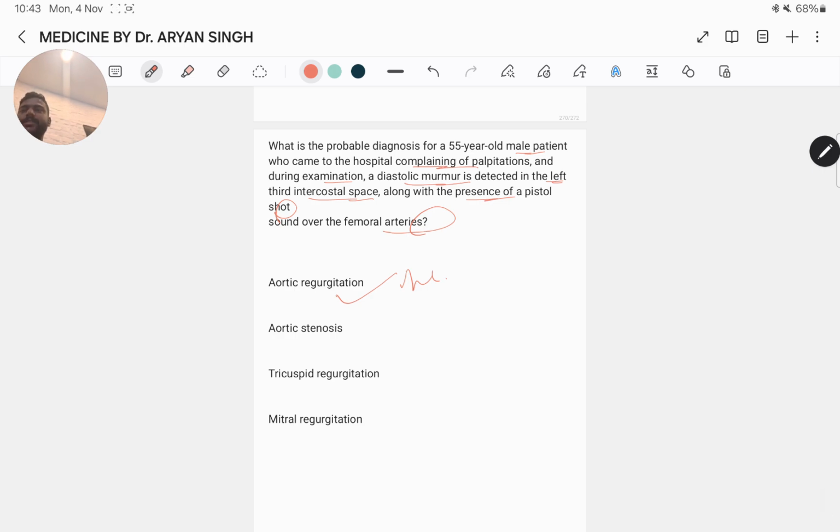The patient here presents with a diastolic murmur and a pistol shot over the femoral arteries, which is suggestive of aortic regurgitation. There is a backflow of blood from the aorta into the ventricle at the time of diastole.